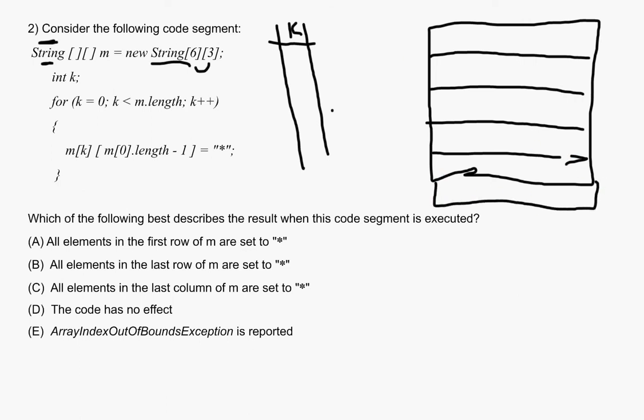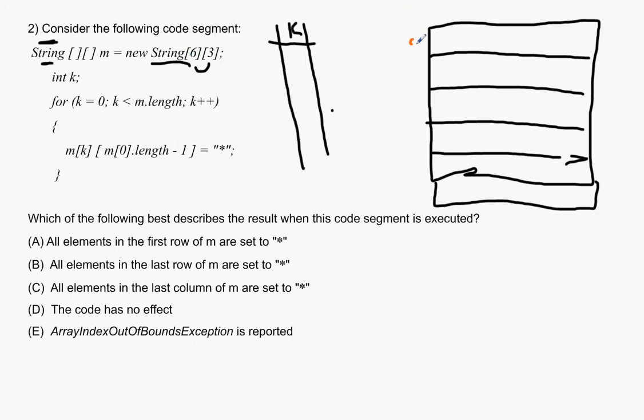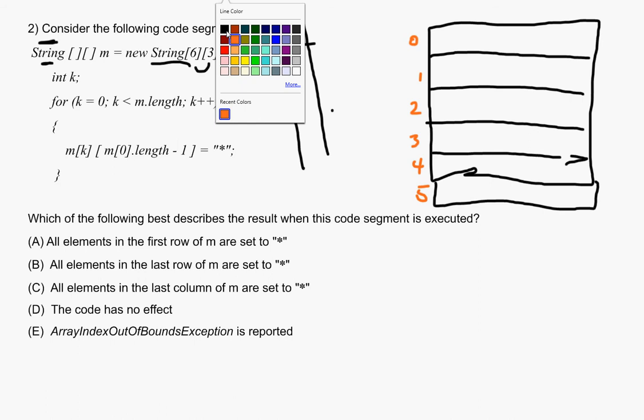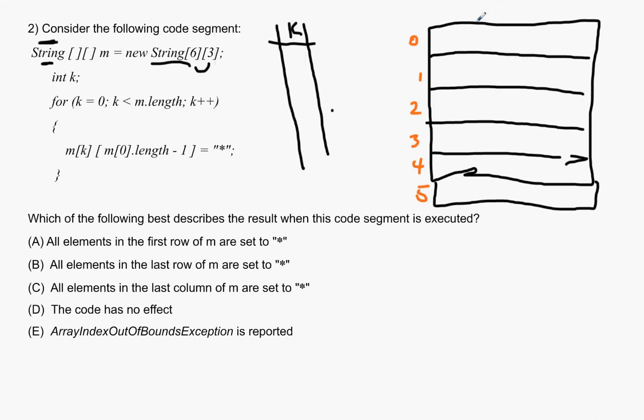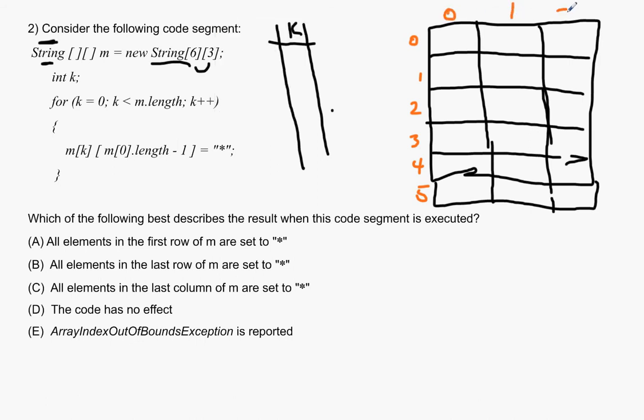So 6 rows: 0, 1, 2, 3, 4, and 5. We also have 3 columns. That's a lovely mess, but I think the point will get across. We're going to number those columns 0, 1, and 2.